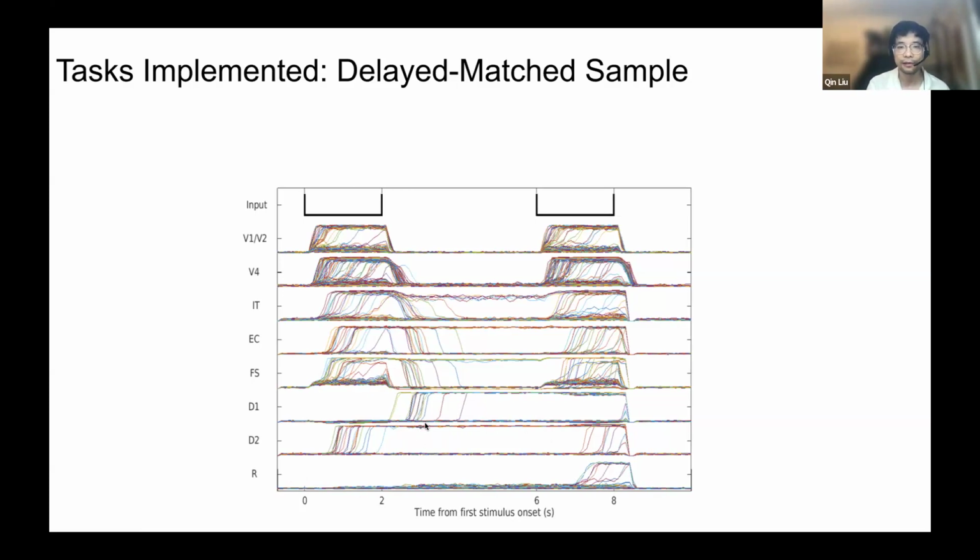We have two types of memory units, D1 and D2. D2 holds the very first image throughout the whole period, and then it will relate the second image with the first image. D1 units are a type of units that didn't respond to the first image, but will respond to the second image and compare it with the first one.